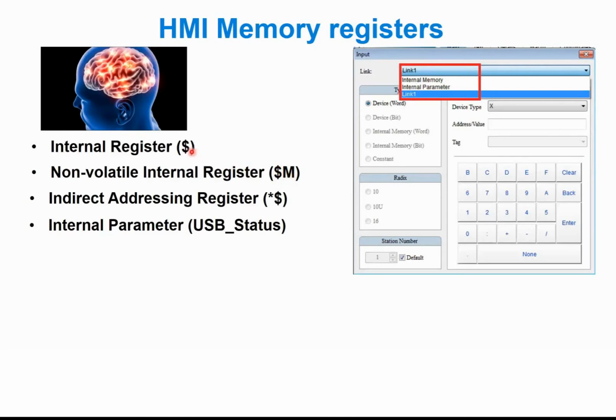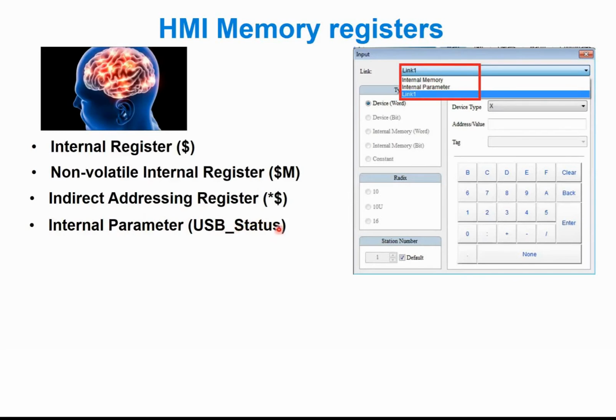In the other case, the value will be erased. You also have a pointer, an indirect addressing register. And the last group of internal memory of the HMI is internal parameters. We have different internal parameters for the HMI. One of them is USB status.